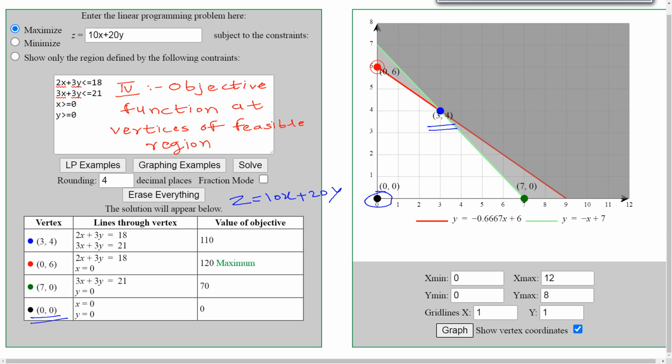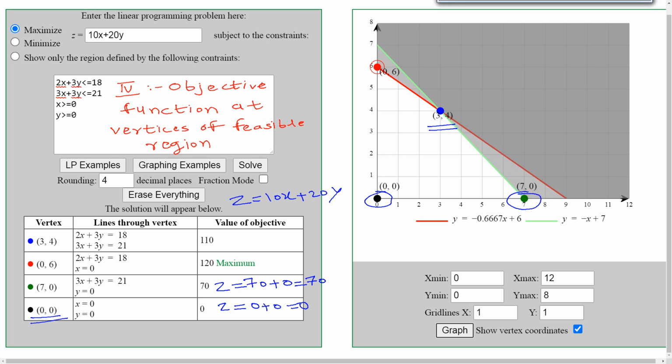So z is equal to 10 into 0 plus 20 into 0, so 0 plus 0, that equals 0. The next vertex is (7, 0), and its value is z is equal to 10 into 7, that is 70, plus 20 into 0, that is 0. 70 plus 0 equals 70.